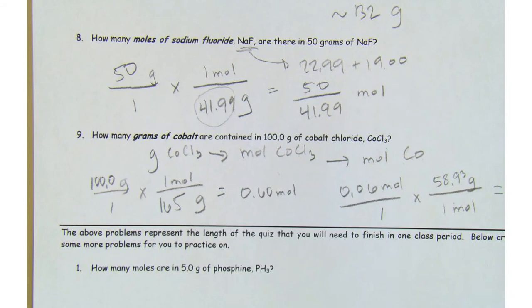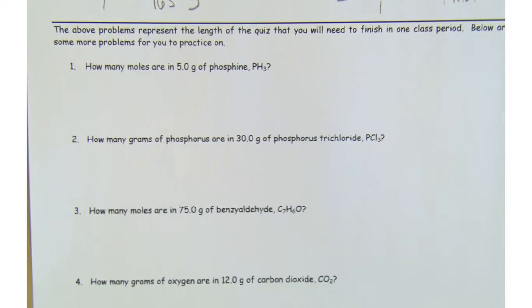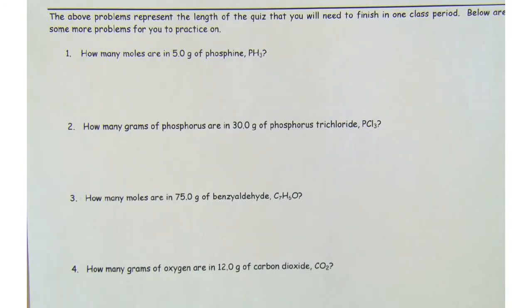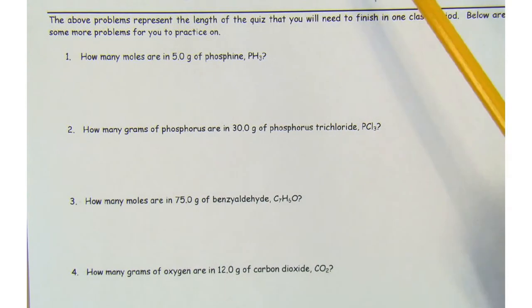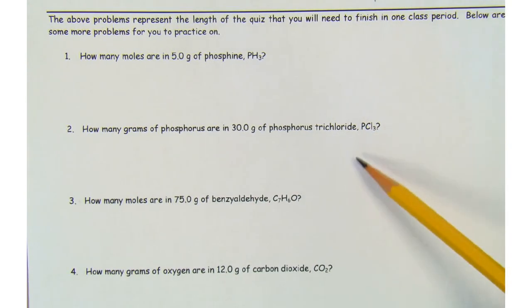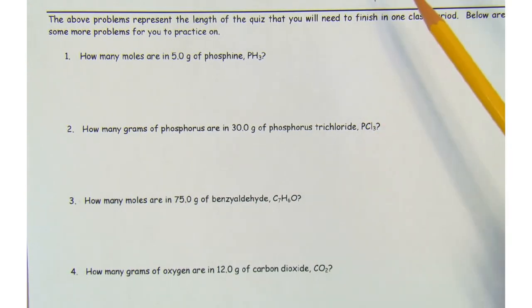Okay? That should get you your answer, and you should get an answer of about 35 grams. Okay? There are 4 more problems on the bottom. Problem 1 and problem 3 are just like number 8. Problem 2 and problem 4 are just like number 9. So try those on your own for practice, and if you still have questions, come see me.